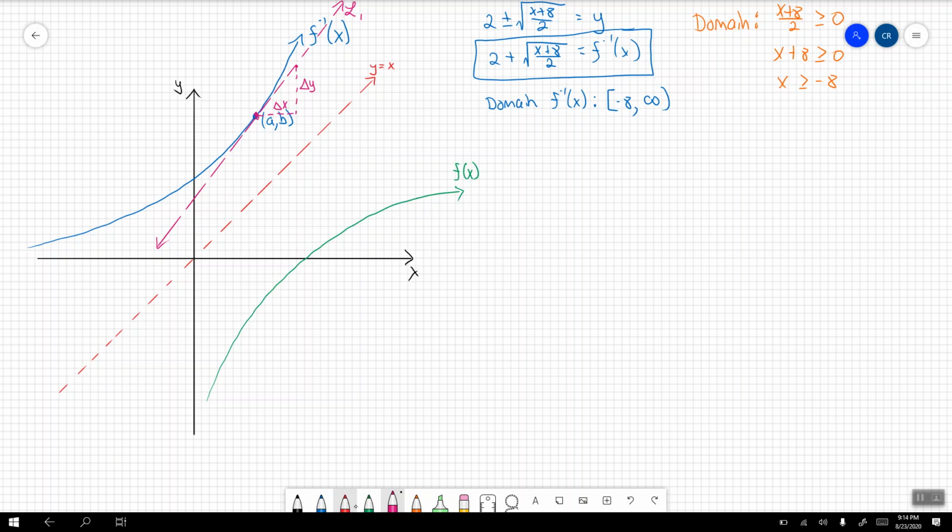Which means for this given function f of x, because it's the inverse of f inverse of x, I will be able to find some point on this graph that will be (b, a), because they are inverses of one another.